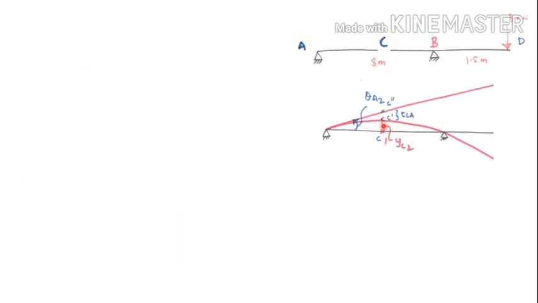Now we will see YC2. So you see, from this figure, YC2 equals C dash C double dash minus C double dash. And you see this C dash and C double dash is TCA.